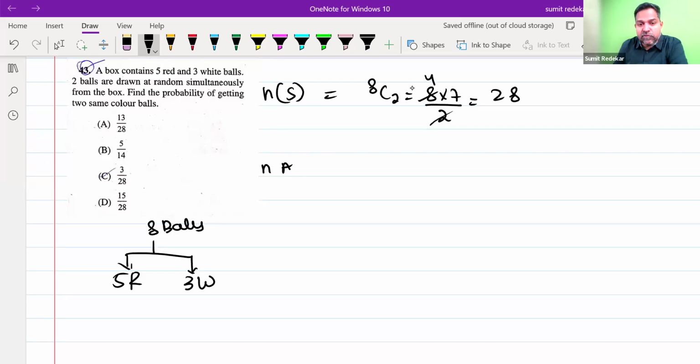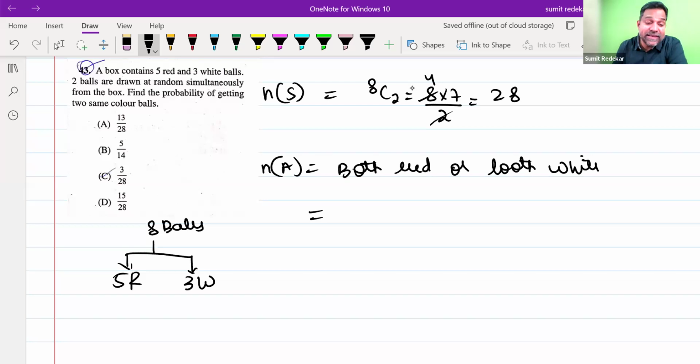If you want balls of the same color, then they can be either both red or both white. If they are both red, there are 5 reds, from that pick any two. Or for both white, from the 3 whites, pick any two.